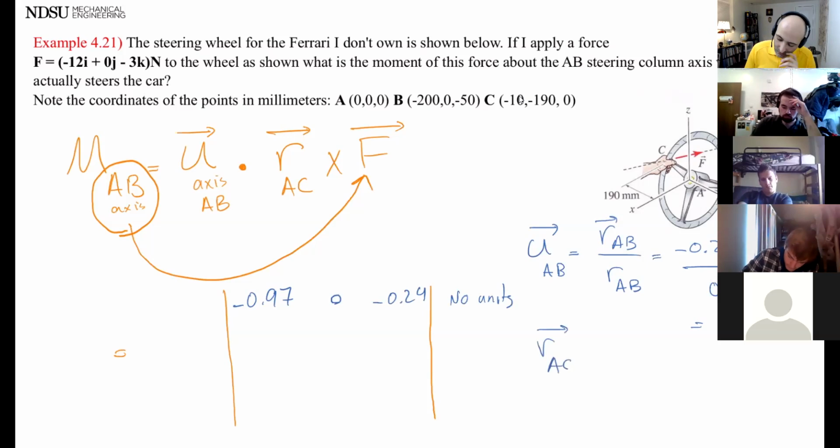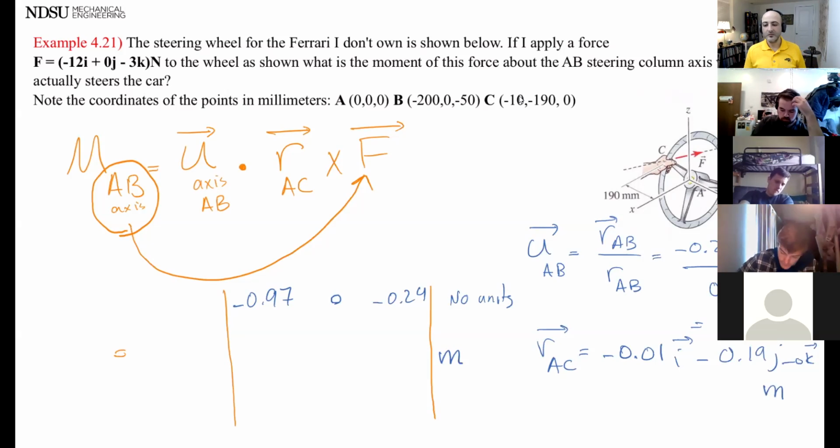And position vector AC, this one I turned everything into meters. It's going to be 0.1 I, J, minus K, 0 K meters. So I'm going to put 0, 1, 19, 0.